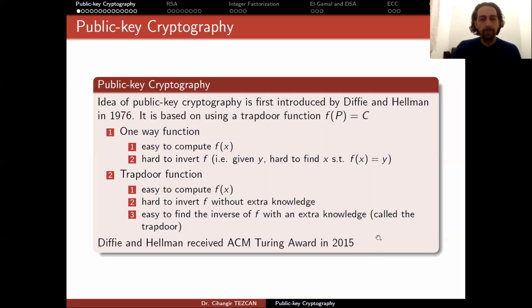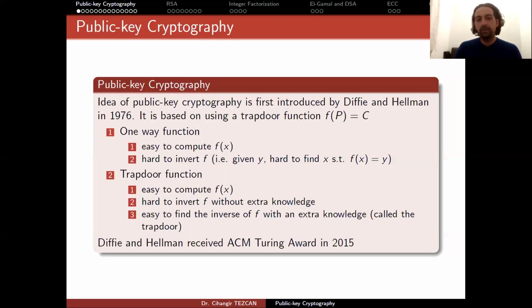Although they described such a function, in their original paper, they could not come up with such a function. Later on, other people gave us this kind of functions like the RSA algorithm or ElGamal and so on. We will see some examples.